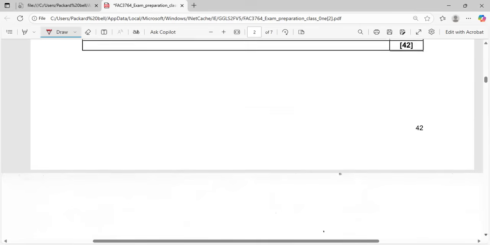I think that's what the question requires us to do. So that is going to be our A. How do we account for it? Remember, we have two outcomes: either we can have goodwill or a gain on bargain purchase. So how do we treat the gain on bargain purchase?